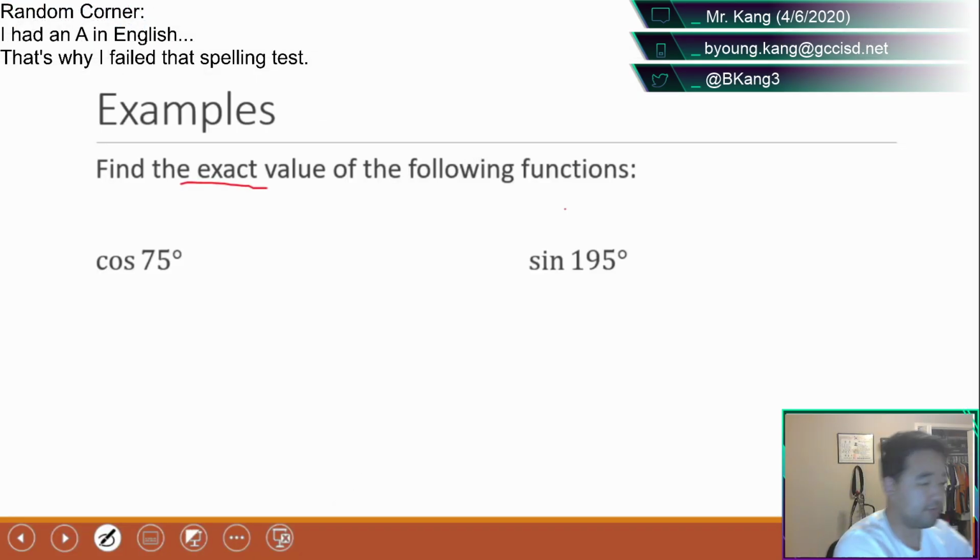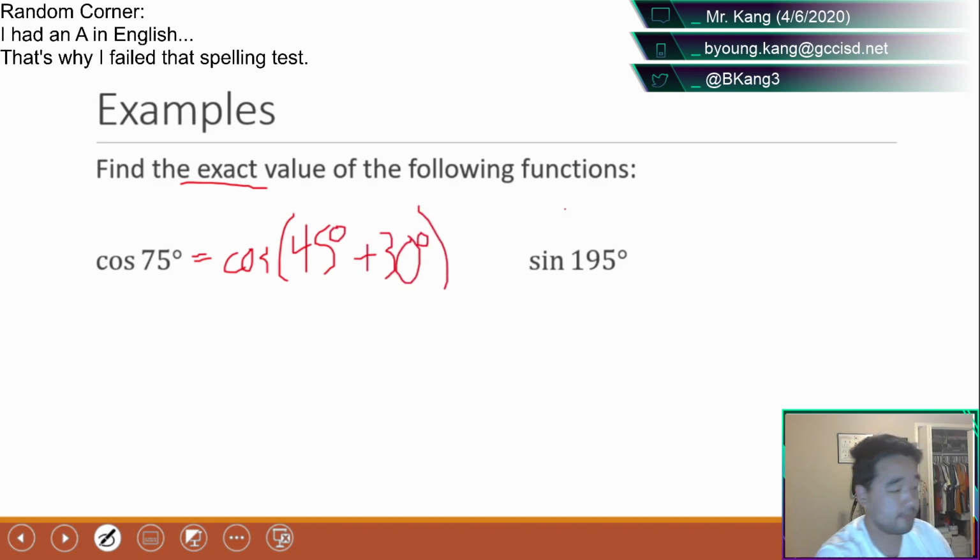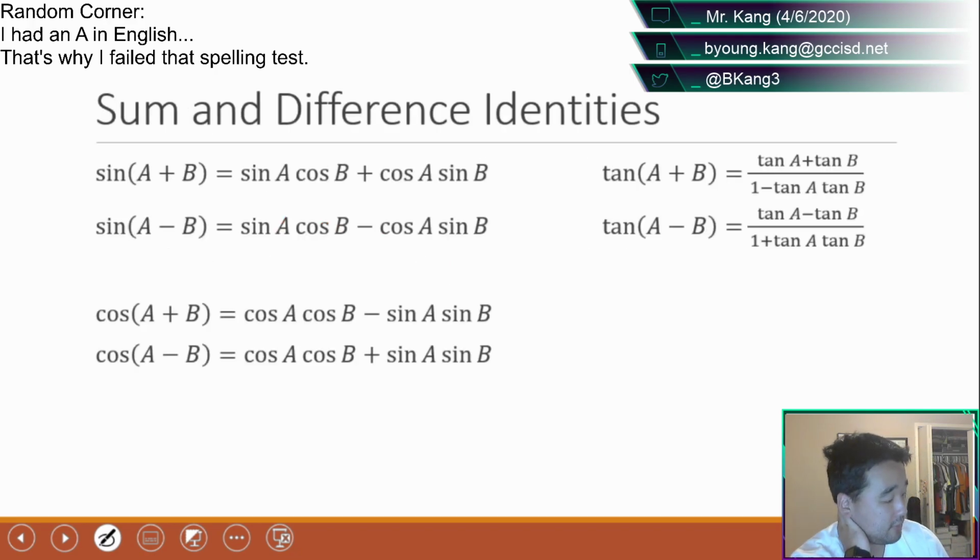Okay, so cosine 75. Let's do the easy one, which is what I normally guide people to do. Cosine of 45 plus 30. I'm going to rewrite the number 75 as 45 plus 30, and then use this formula right here.